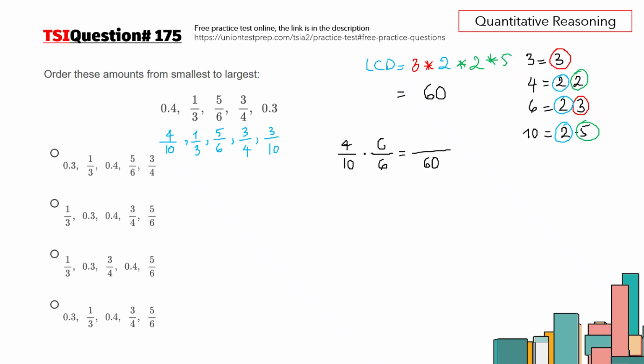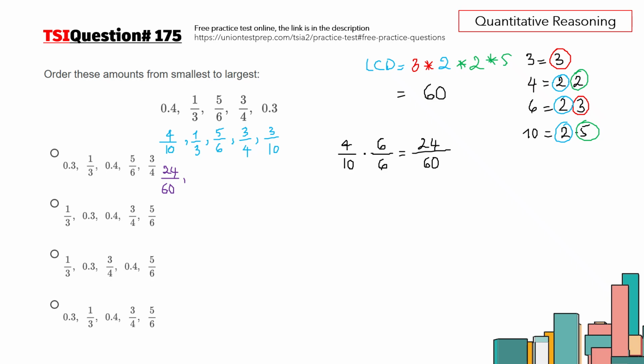So I multiply top and bottom by a factor of 6, and that saves my original number, because 6 divided by 6 is 1, and anything multiplied by 1 is itself. So 4 times 6 is 24. Now we rewrite the fraction 4 over 10 as 24 over 60.